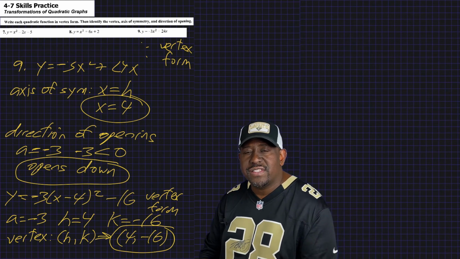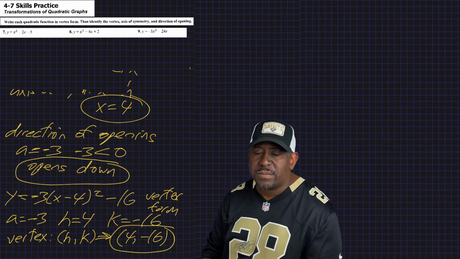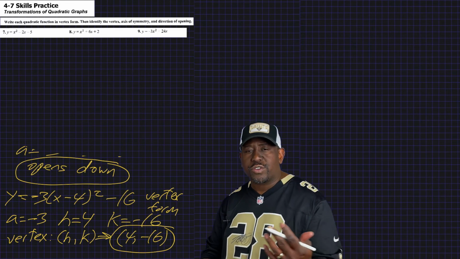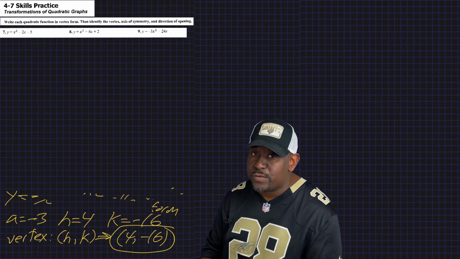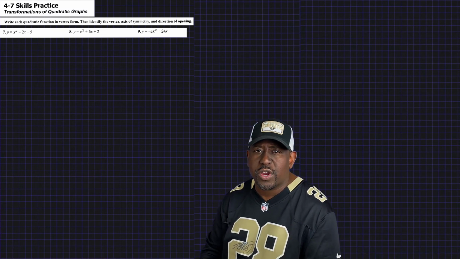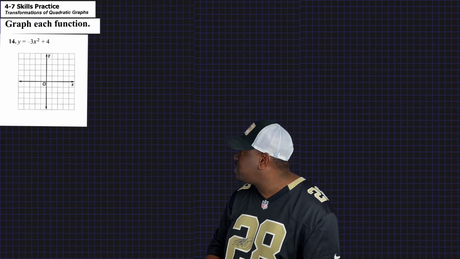So we've done a variety of different problems, some that open up, some that open down, some where the quadratic was already in vertex form, others where it wasn't and we had to convert it. So we've done a variety of different problems that should get you more confident in this concept.